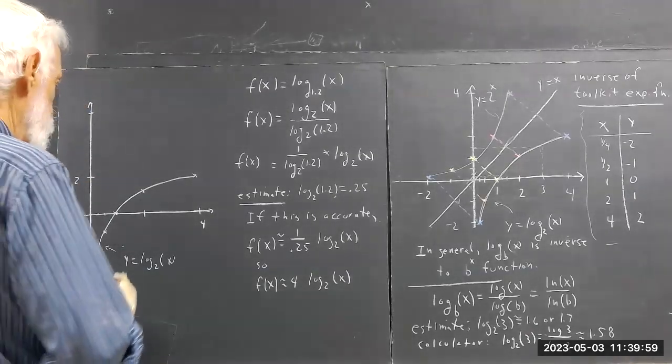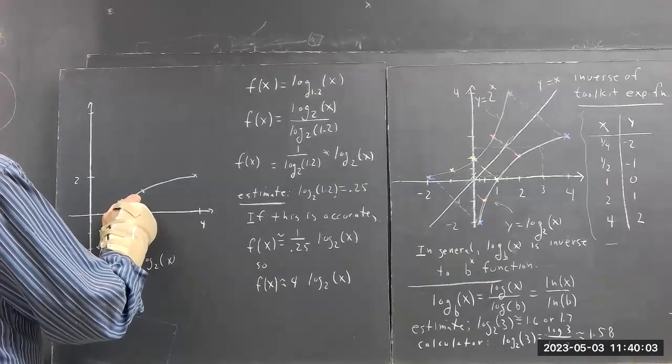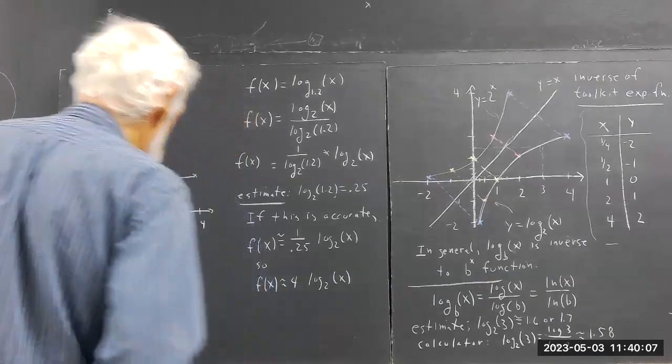Okay, if I take a point, let's say here on this graph, then I can draw a little arrow. Let's use some color here.